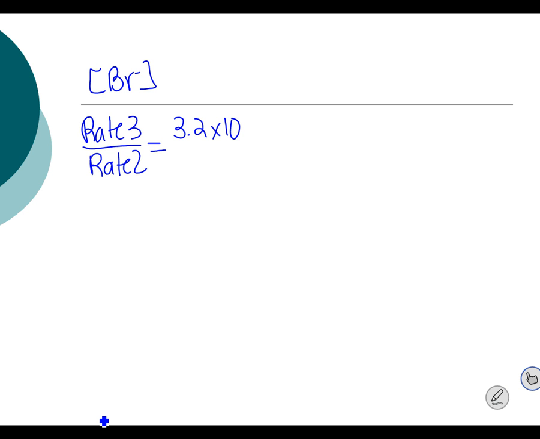So same thing. I'm going to do rate 3 over rate 2. You don't have to. You can do rate 2 over rate 3. Rate 3 over rate 2. The rate for our reaction on rate 3 was 3.2 times 10 to the negative third. And for rate 2, it was 1.6 times 10 to the negative third.